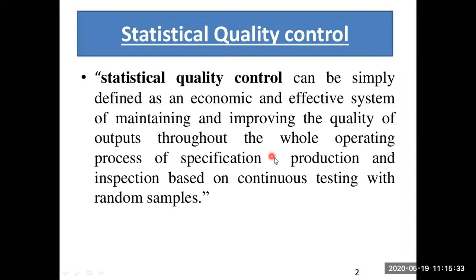It is used in production, for example where a manufacturing unit is producing a rim of a cycle or a rim of a car. In those cases we will use statistical quality control methods.